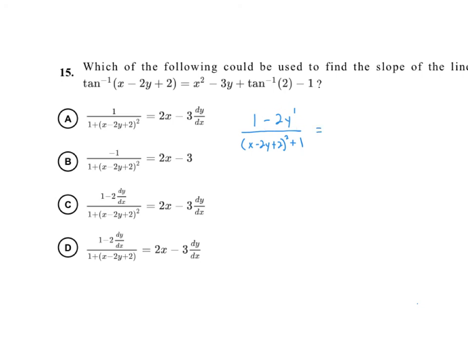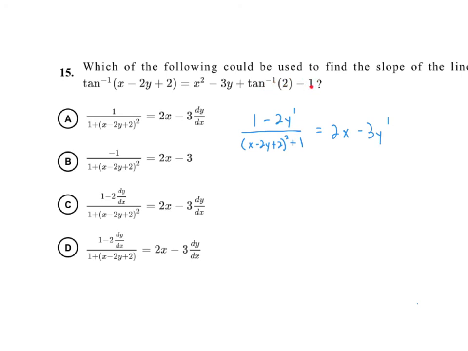Okay, and then that equals, so start taking the derivative of the right-hand side. So the derivative of x squared is 2x. The derivative of 3y is 3y prime. And then the derivative of the rest is just 0, because there's no x's, it's just tan inverse of 2, so that's just some number.